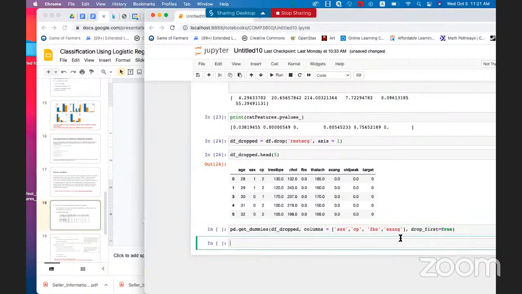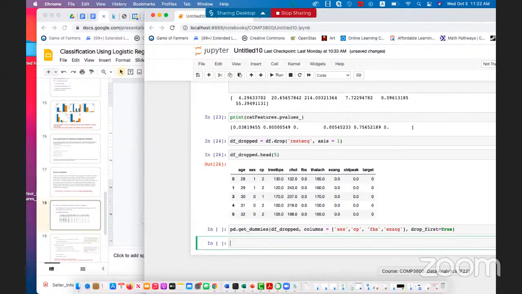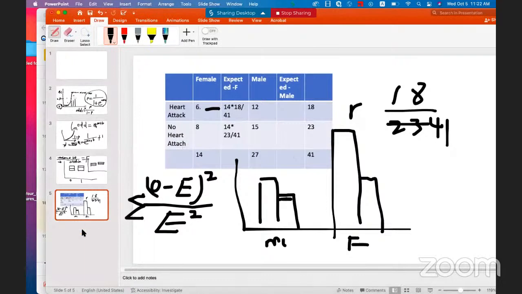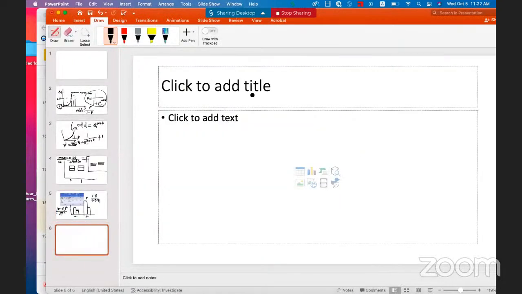Here we have to pay attention to drop first. What this means is that you drop the first option in the variable. For example, for sex, it's 0 and 1. You don't need two columns, like one for female and another for male, to represent the data. So this is sex.